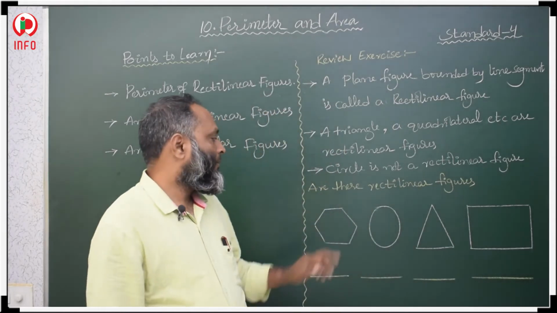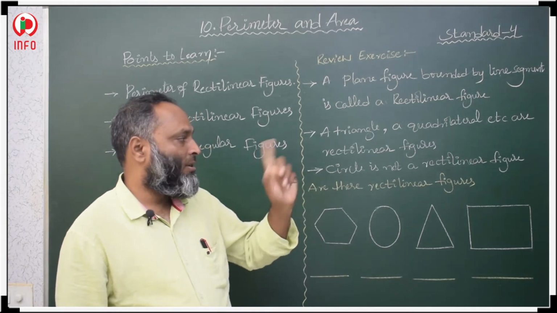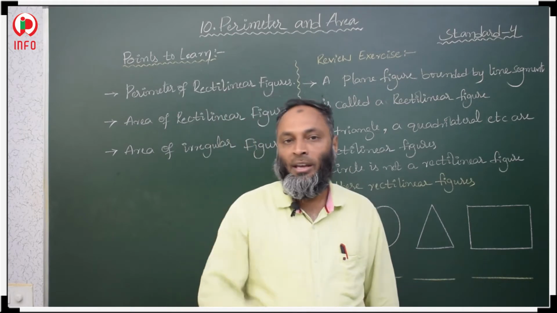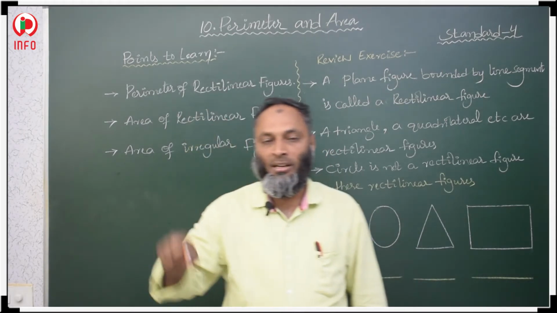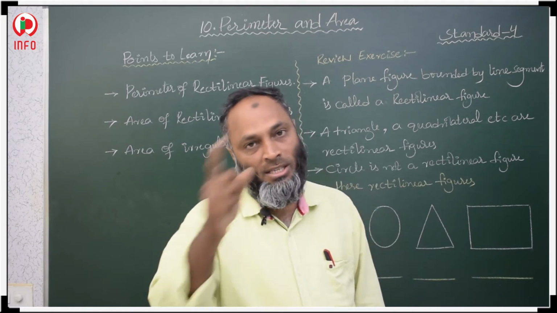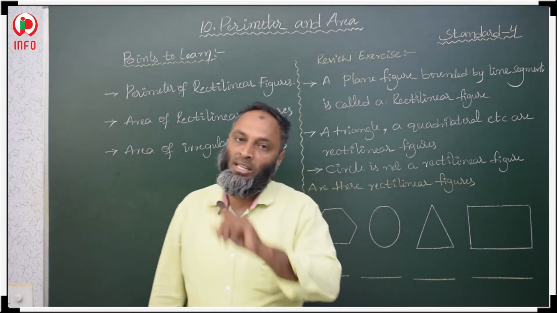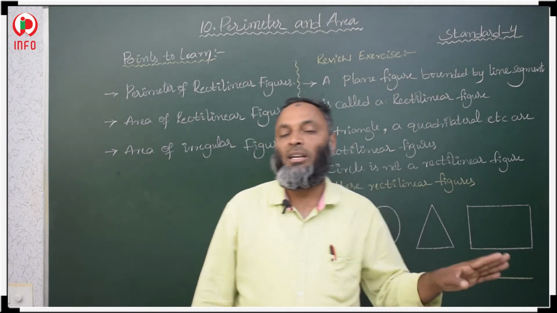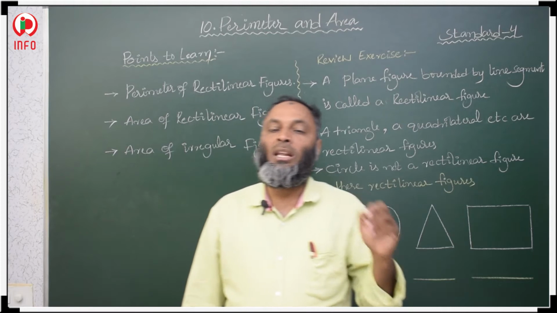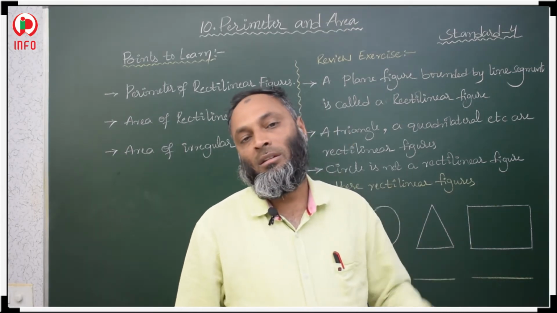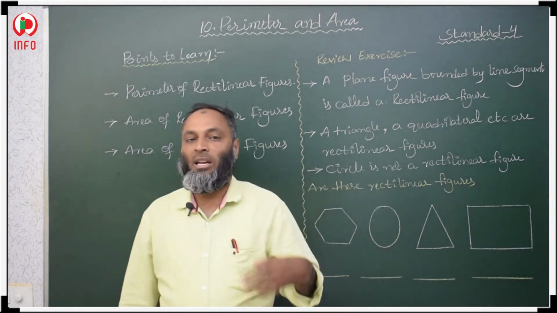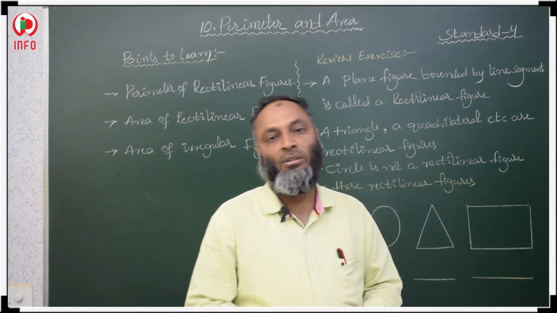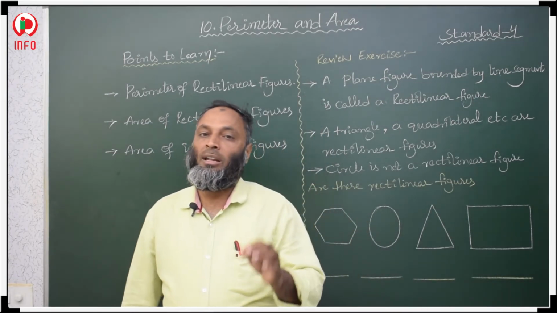Now, circle is not a rectilinear figure. Why? It is a curved path. Since a circle is a curved path, that is why it is not a rectilinear figure. Only polygons are rectilinear figures, either it is a square, a rhombus, a quadrilateral, or a triangle, whatever. All these polygons are rectilinear figures.